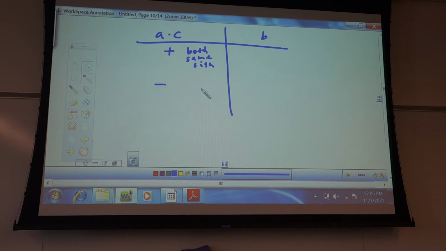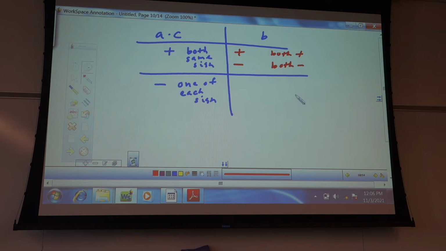If it's negative, that means they're opposite signs, or should I say one of each sign. Is that better? So if this is the case, if your B is positive, that means they're both positive. If B is negative, that means they're both negative. Does that make sense?